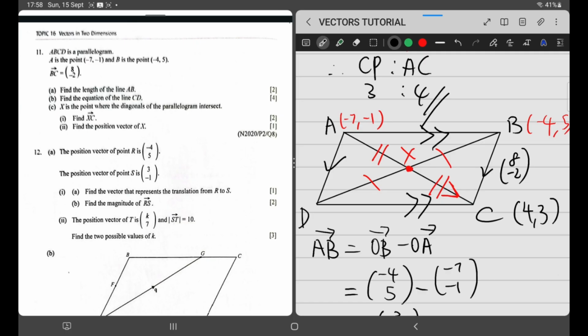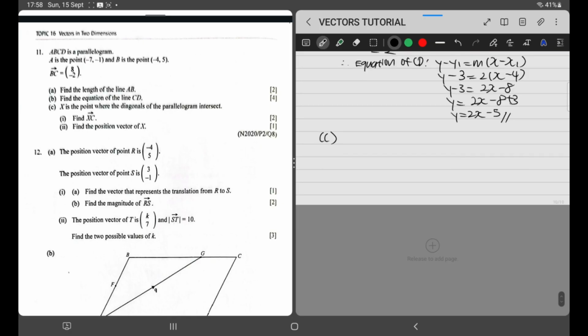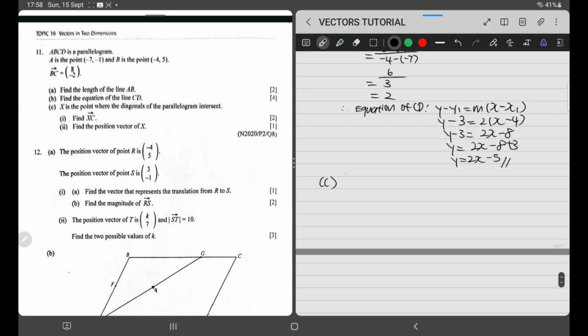Therefore, XC is just half the value of AC, which means half of OC minus OA.